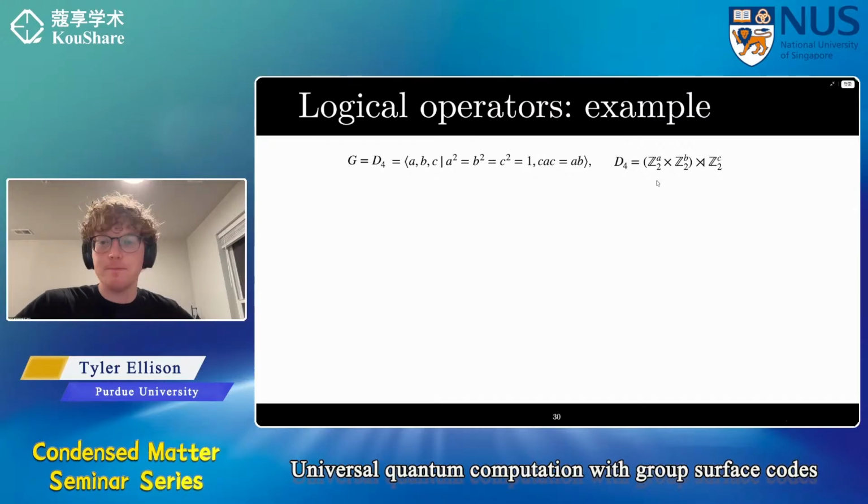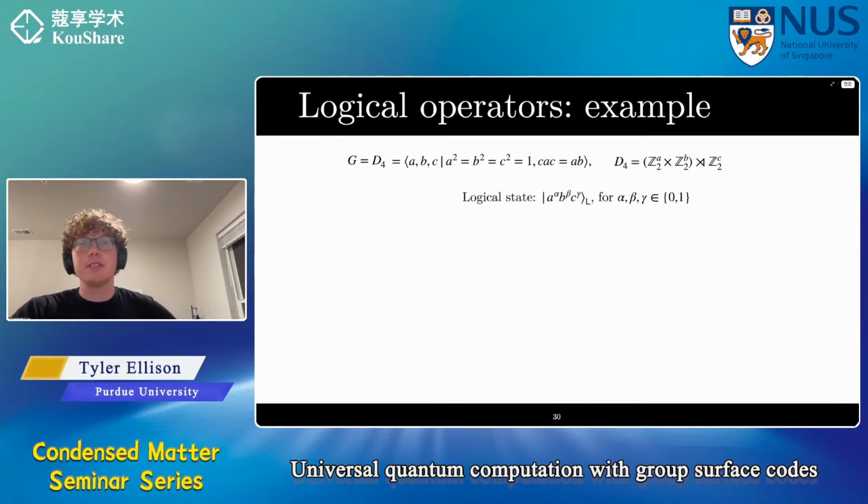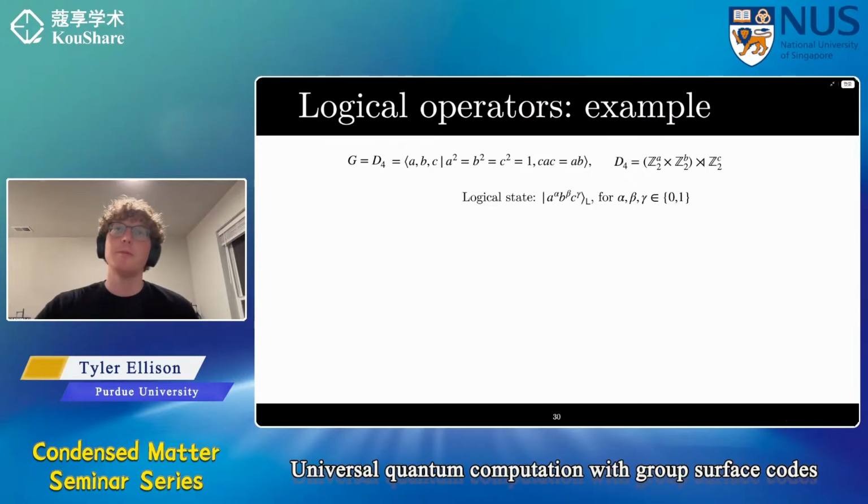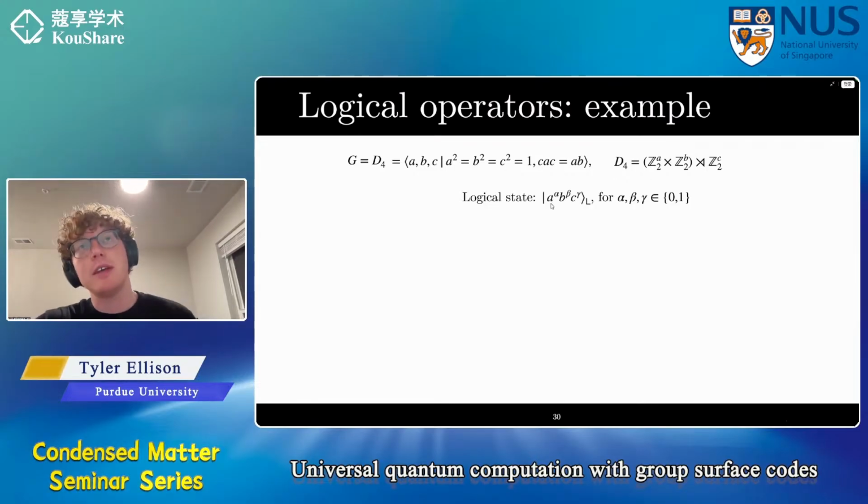The first thing to check is that this preserves the stabilizer group. It does not commute with all the stabilizers, but it permutes the stabilizers amongst themselves, so it preserves the stabilizer group.